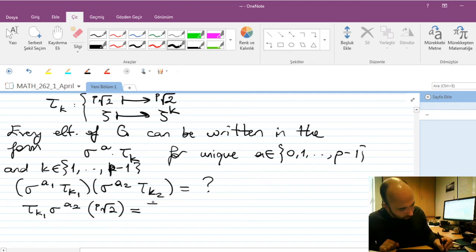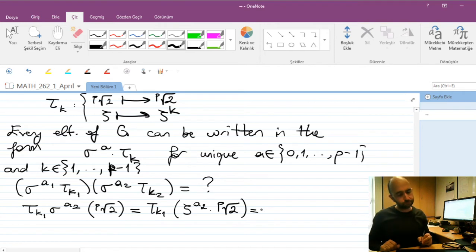Well, at first stage, sigma to the a2 will take it to zeta to the power a2 times p-th root of 2. Now, if you apply tau_k1, zeta to the a2 will go to zeta to the a2 times k1. And tau will not touch p-th root of 2.